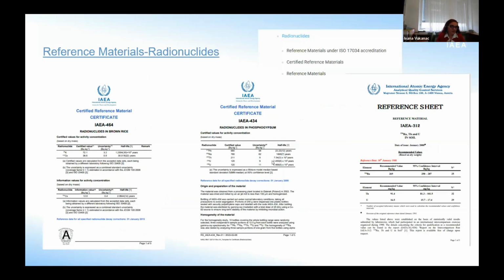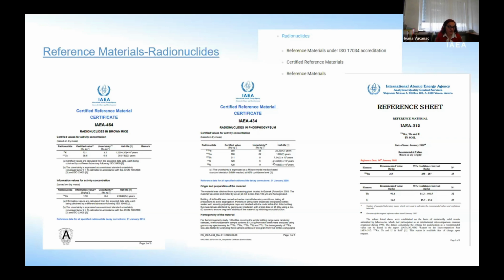For example, on our reference material web page, you can find, let's say, three categories: reference material under ISO accreditation, certified reference material, and reference material. Here I put some examples.